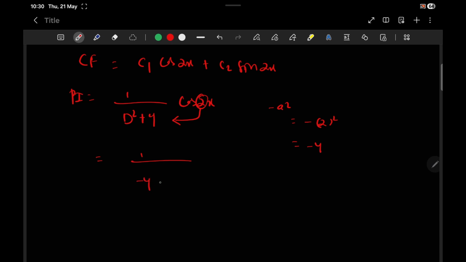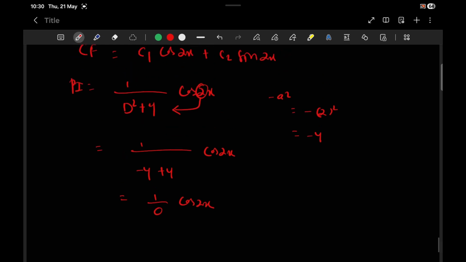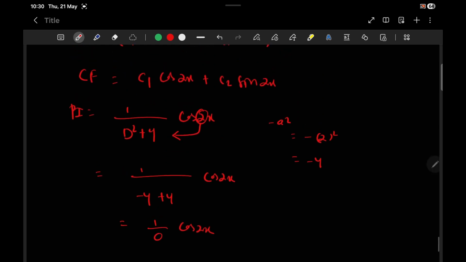So this becomes 1 by minus 4 plus 4, cos 2x, that is 1 by 0 cos 2x, which is not possible. We cannot solve something like this which deals with infinity. So what can we do? We will do the derivation.